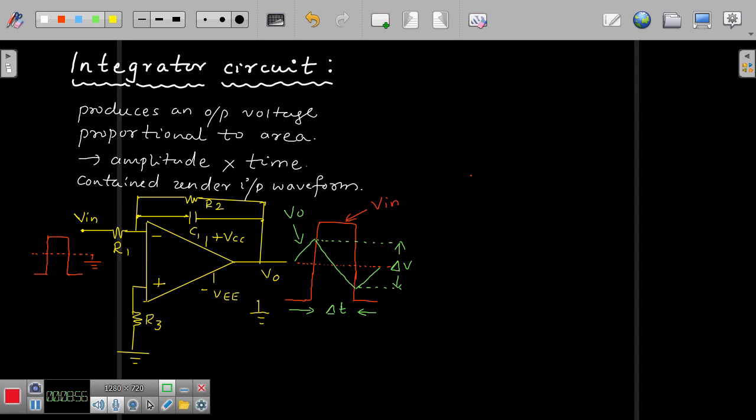Now if you don't consider this capacitor here, how do you see this circuit? Can anybody tell me? If there is no capacitor C1, what is this circuit reduced to?